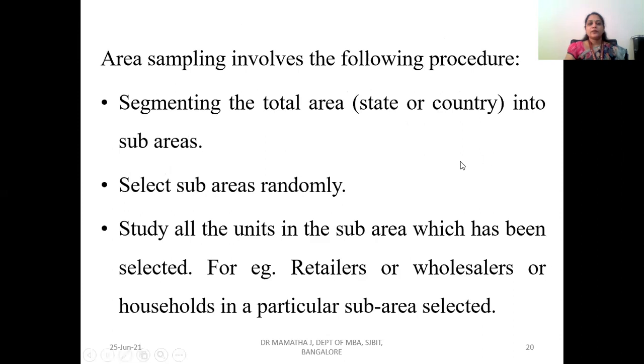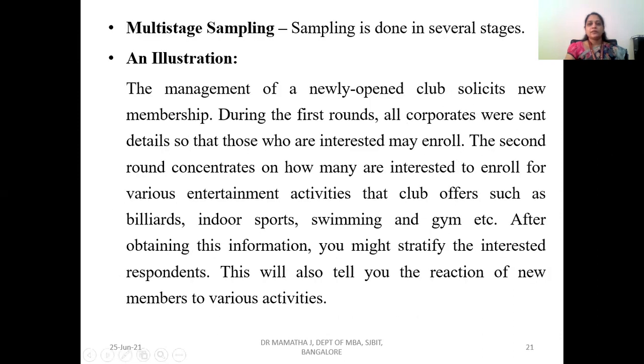Similarly, we have multi-stage sampling. In multi-stage sampling, what happens? It is also one of the forms of cluster sampling only. You are creating the clusters at different stages. It has one or more different stages. For example, a club wants to promote membership to the customers.